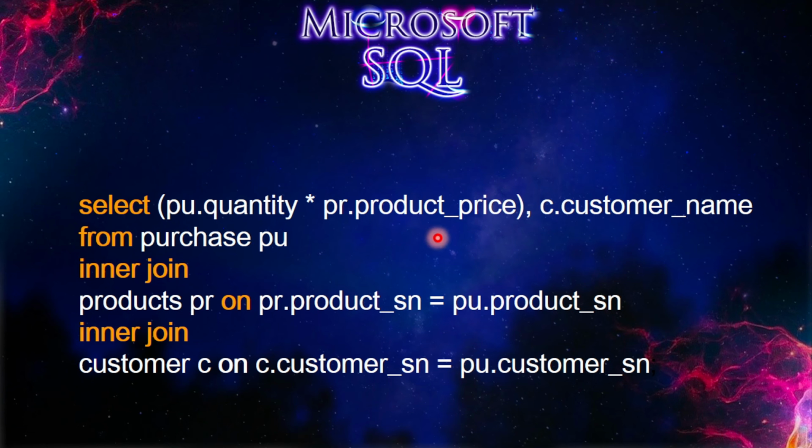If we run customer, you see the customer table is empty. We need to fill it with some values. Insert into customer. Let's forget about the serial number, which is auto increment.